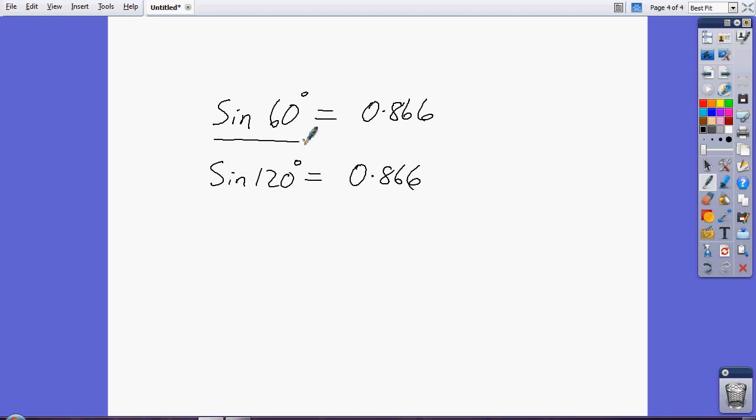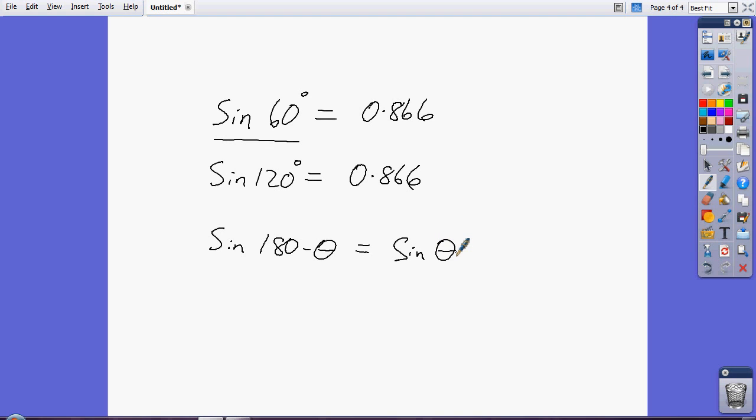If we can see from the diagram that the angle is greater than 90 degrees, we need to realise that the angle we want is in fact the supplement of the angle we're given. In other words, sine of 180 minus theta is equal to sine theta.